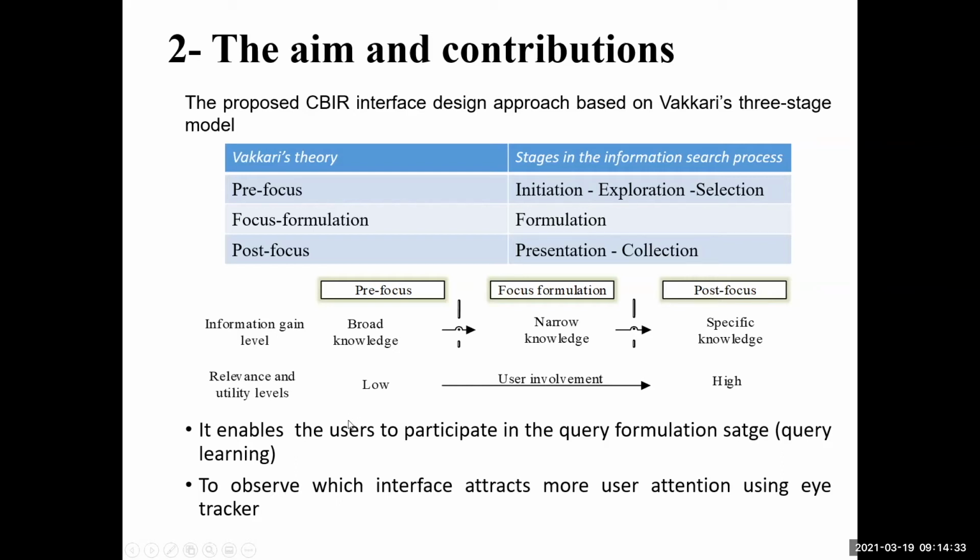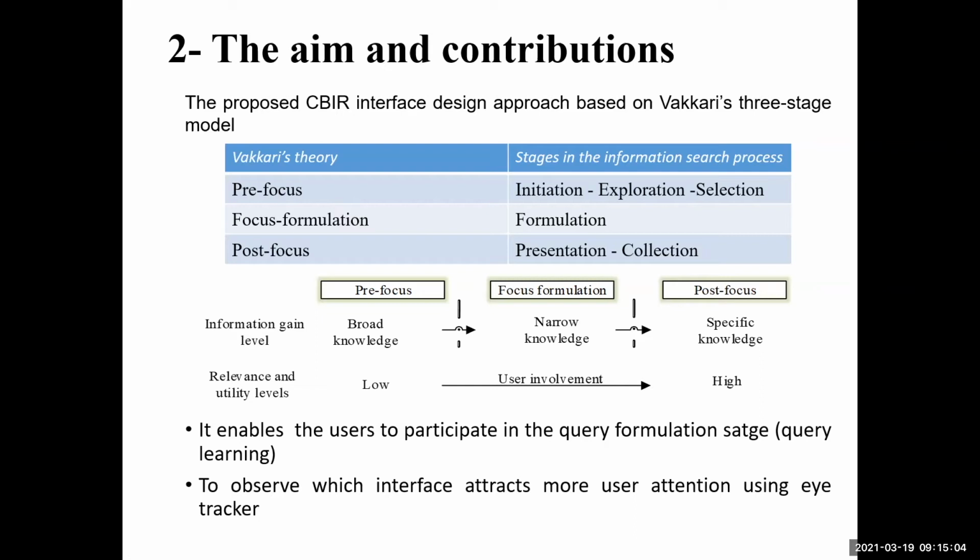But once the user engages in the search loop or training model, at the end of the retrieval stages the user will find specific knowledge about the topic, about the selected or desired images, which will have high utility levels. This interface enables the user to engage in the query formulation stage, like a query learning model.